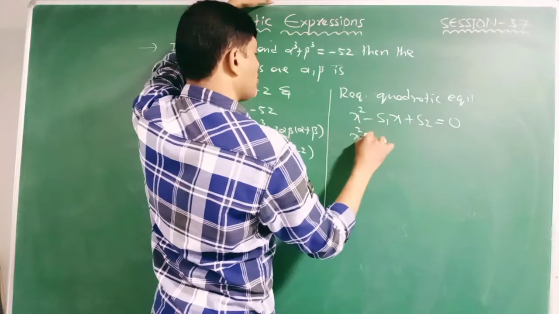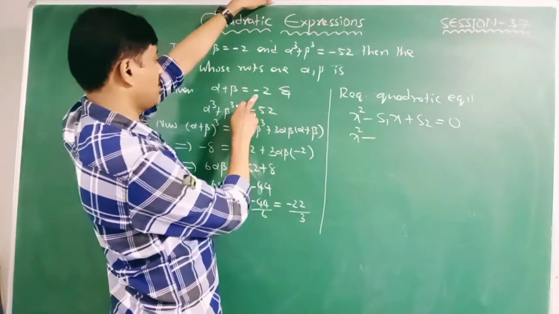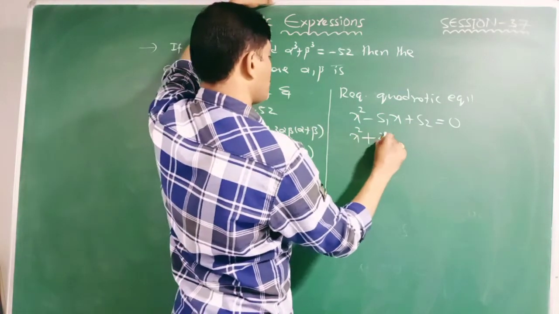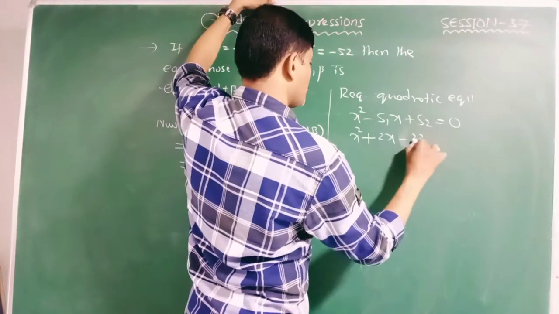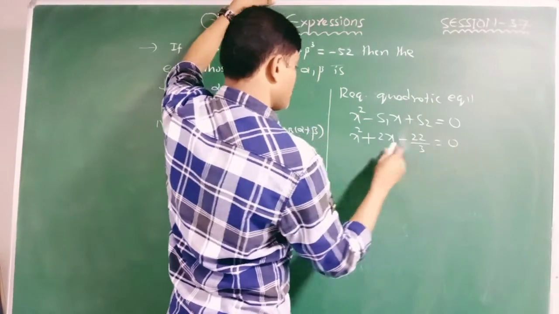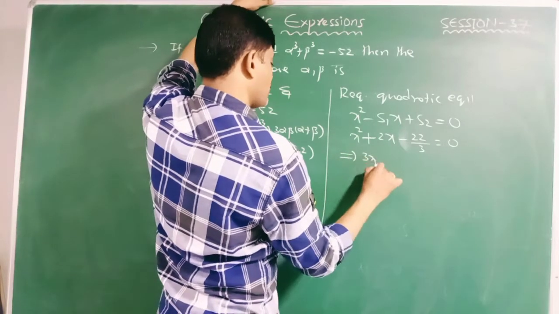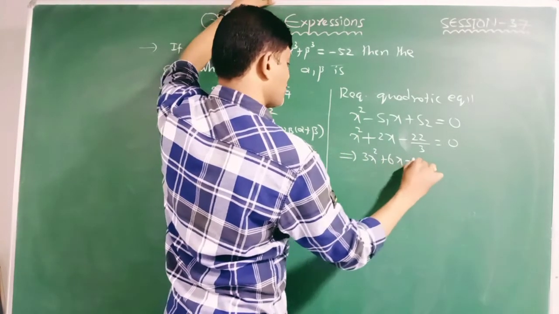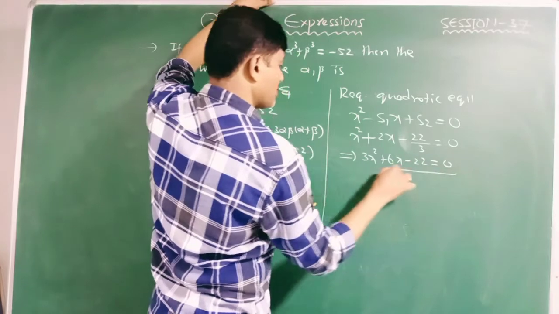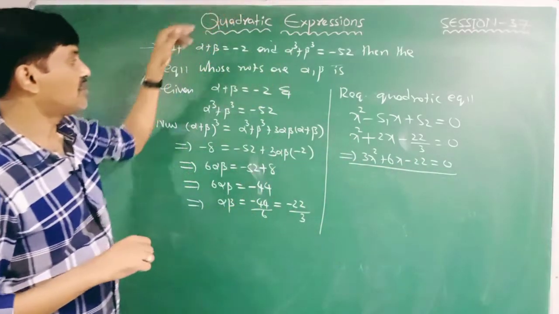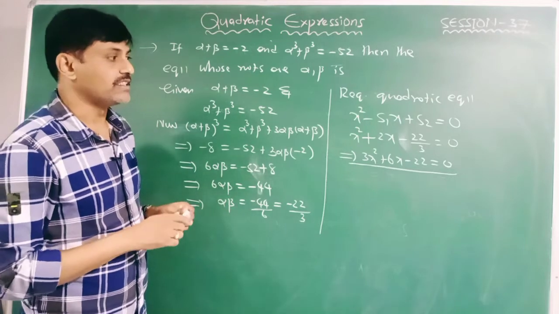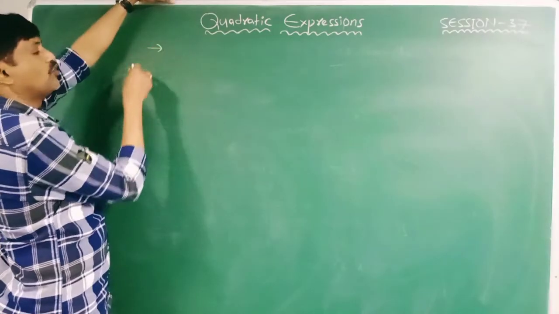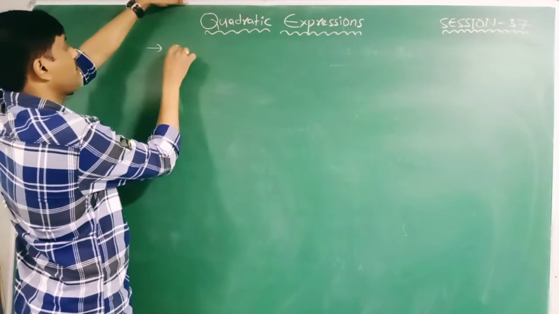So x square minus S1x, minus means this is plus 2x, plus S2 which is minus 22 by 3 is equal to 0. Therefore 3x square plus 6x minus 22 is equal to 0. This is the required quadratic equation whose roots are alpha comma beta. Let's move on to next question.